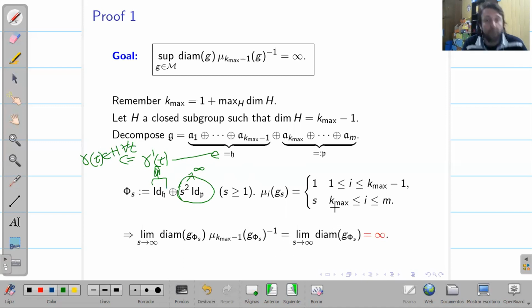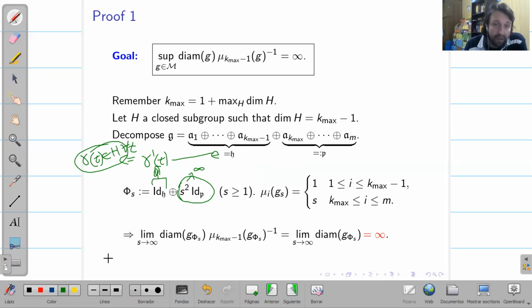So you cannot join the two points, the trivial element with some point outside of H, with some curve of this kind. At some point the velocity vector is going to have some non-trivial element in this subspace, and this makes the norm, and then the length of the curve, infinite.